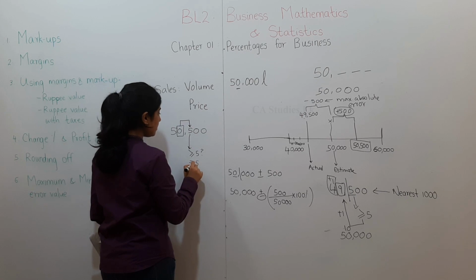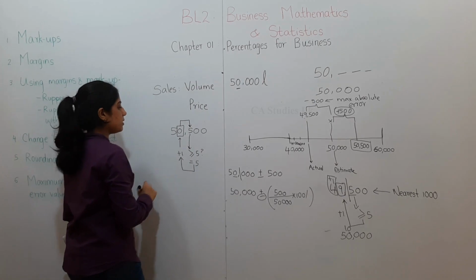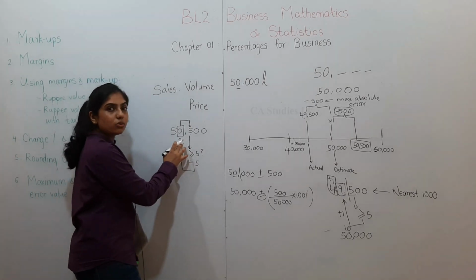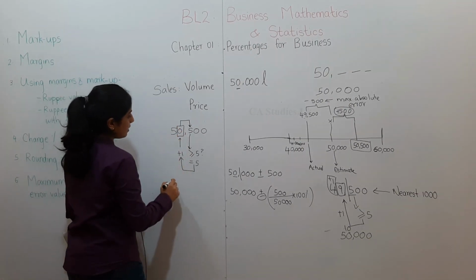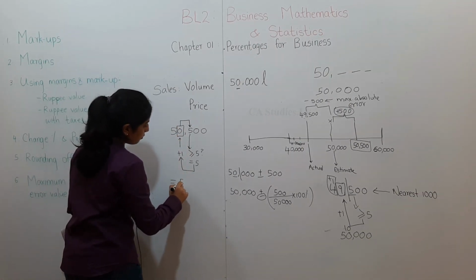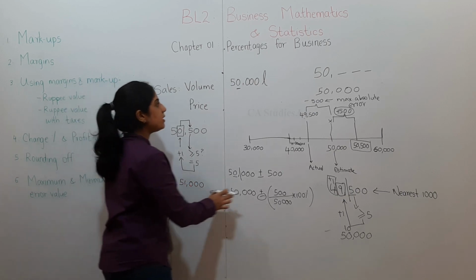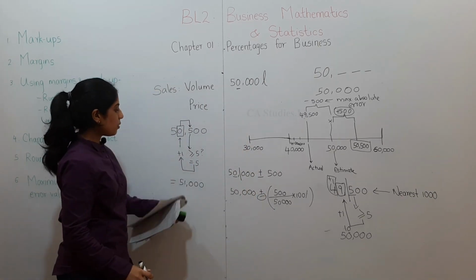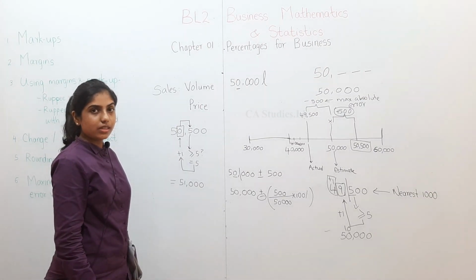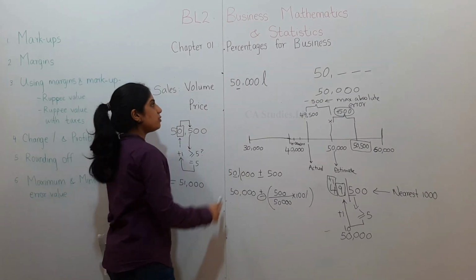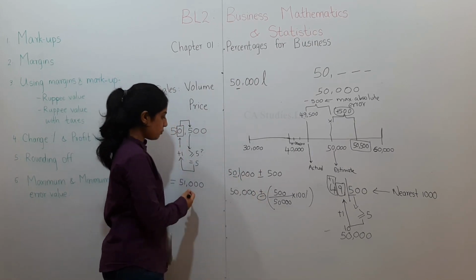Equal to 5 means you have to add 1 to the 0 over here, our place value digit in the 1000th place. Then if you add 1 here, what's the answer? 51,000. Is it a rounded figure? Is it the rounded sales volume given in the question? No, it is not. It's because they have given 50,000, but when we express it as plus or minus 500, we get 51,000.